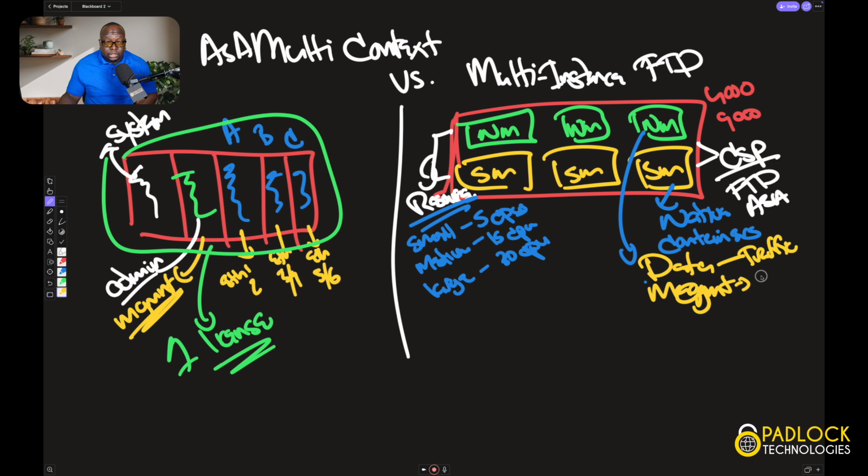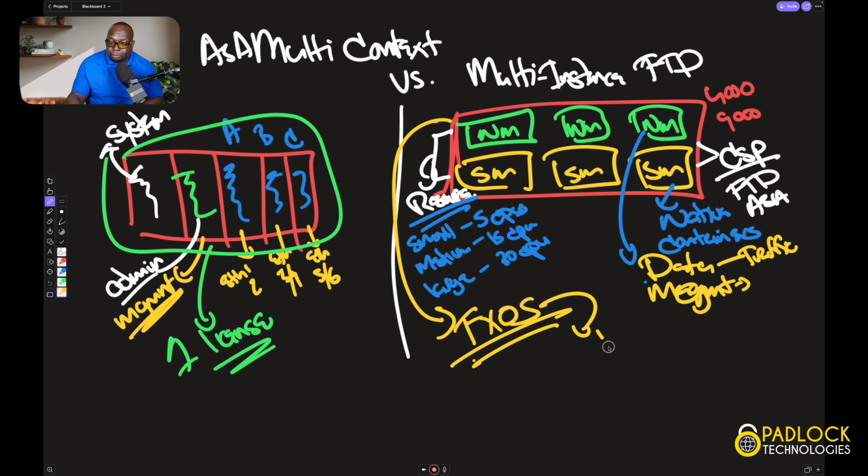Now, another critical piece that's different between the ASA and the FTD platform when you're doing multi-instance is you do have to worry about this thing called FXOS. And I know people are probably like, oh my God, FXOS. This is the chassis manager.